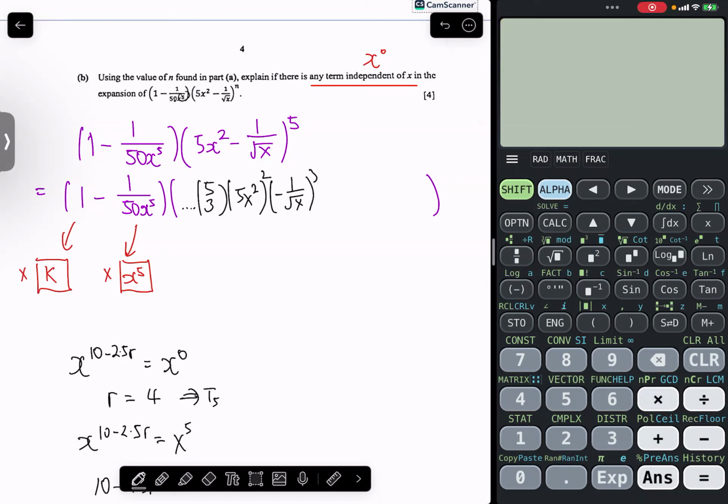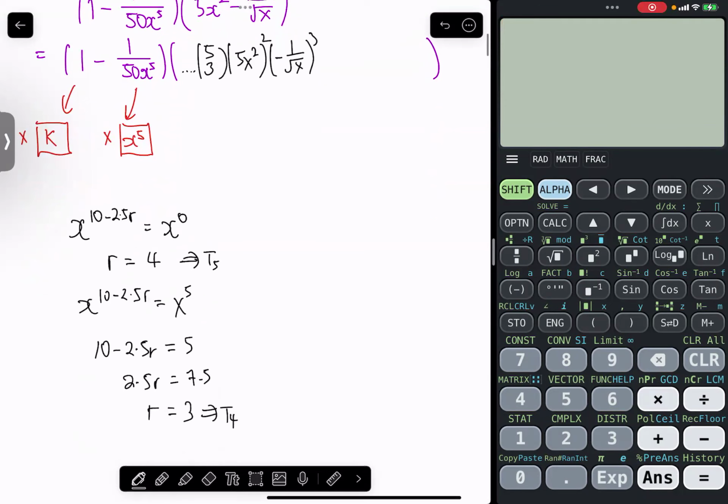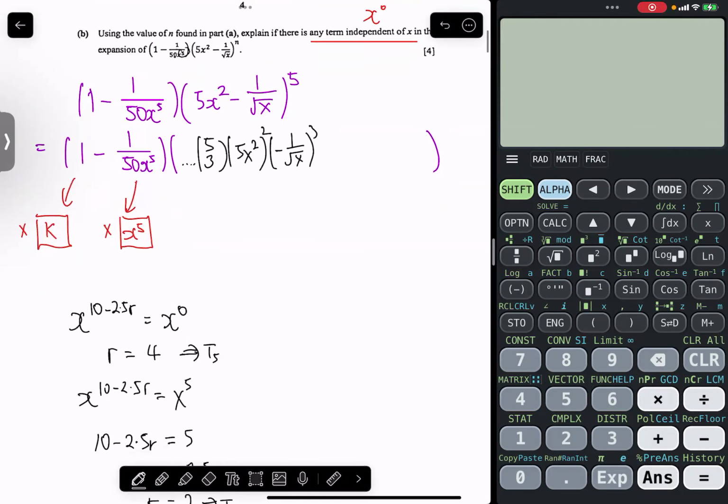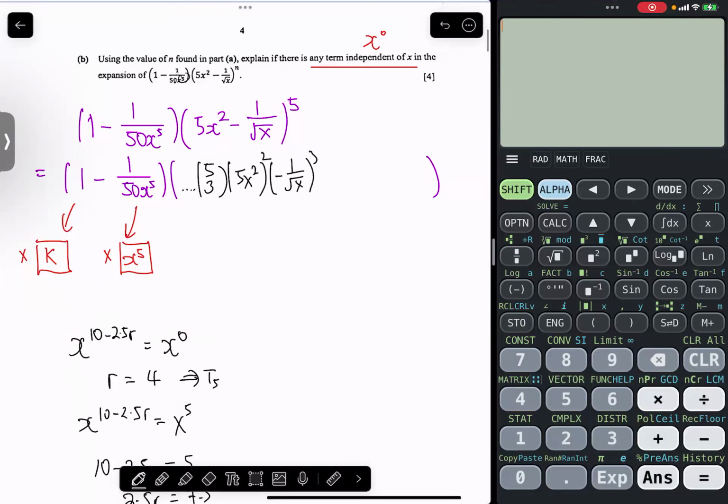Okay, how does it feel here? Why does it feel weird?